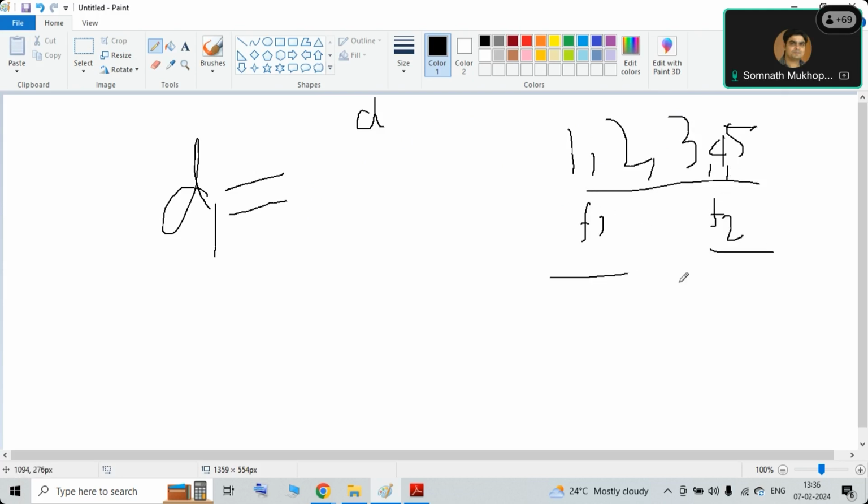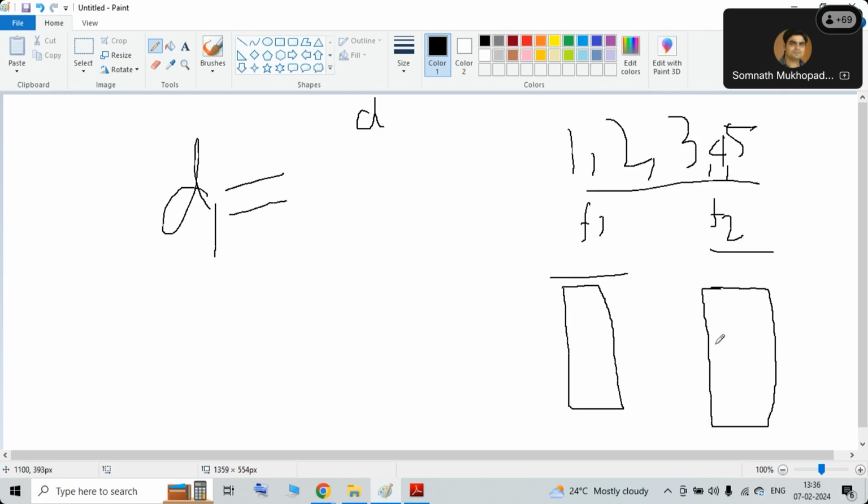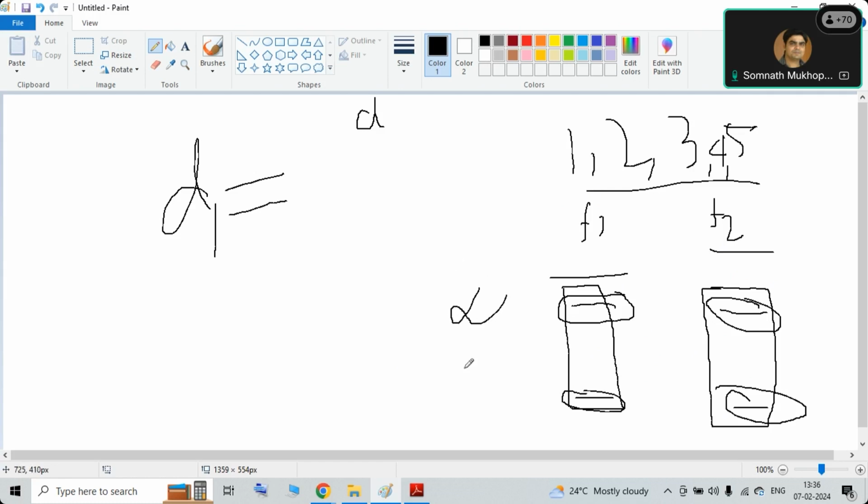Suppose there are 1, 2, 3, 4, 5. These are the different chromosomes. Suppose after sorting based on their fitness values F1 and F2, by using the F1 value we'll have a sorted chromosome, and by using F2 this will also be a sorted chromosome. So here we will find the boundary solutions.